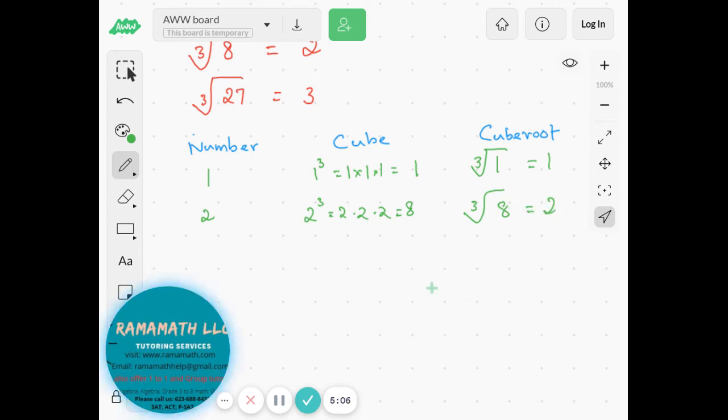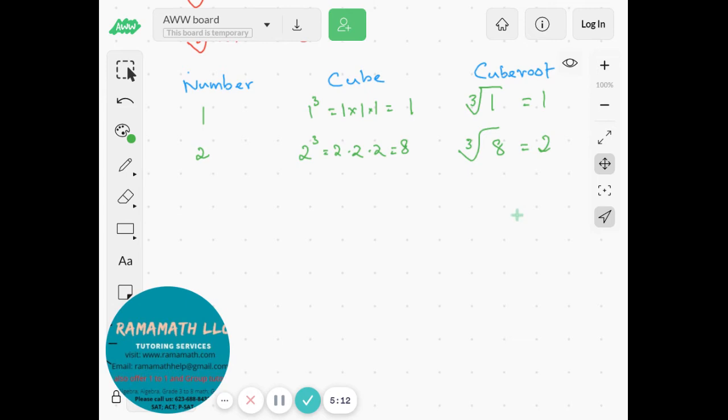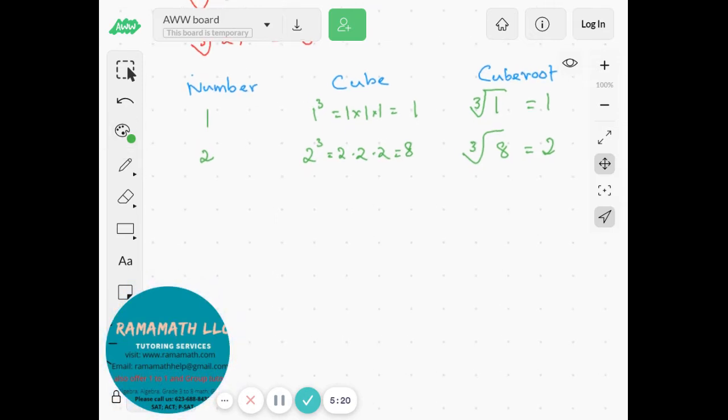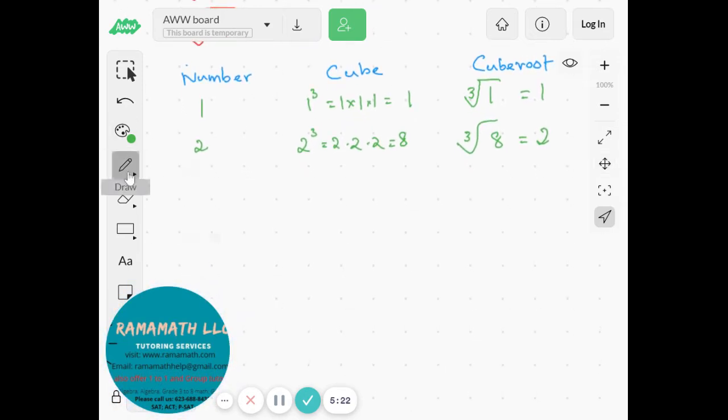Okay, so I'm going to give you some numbers up to whatever we need. So please take notes on this one, so that you have a pretty good idea when we do these questions. It makes more sense to you. Next number is 3, and 3 cubed is 3 times 3 times 3, which is 3 times 3 is 9, 9 times 3 is 27.